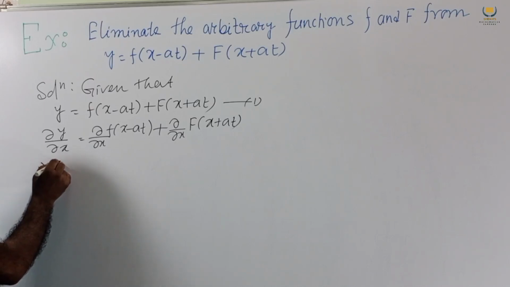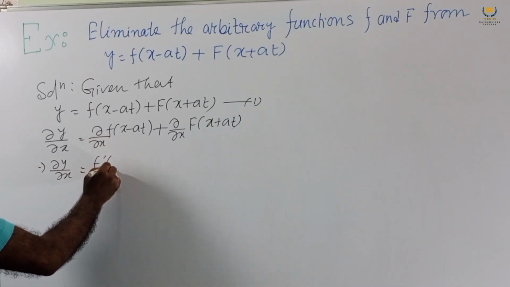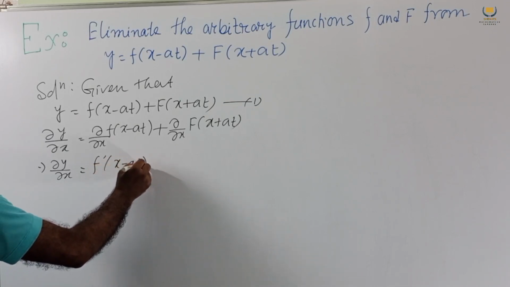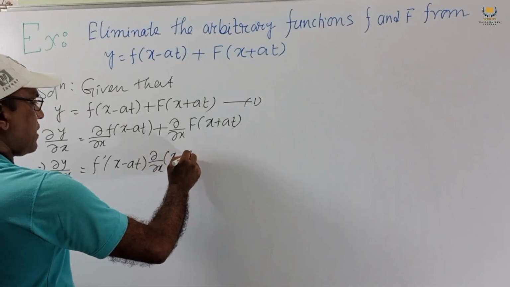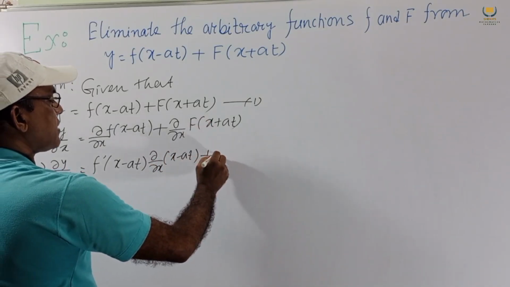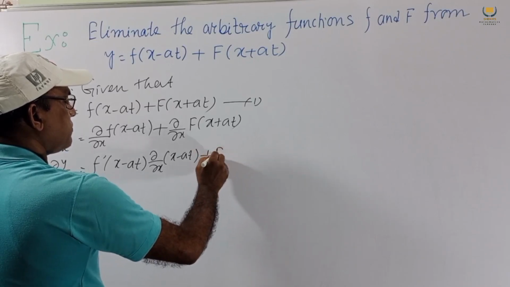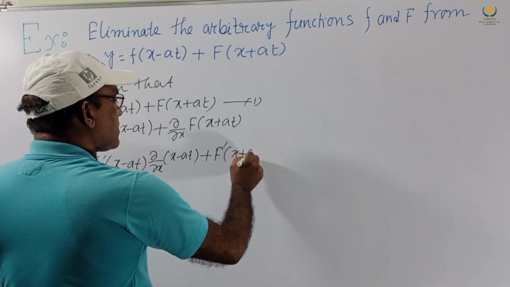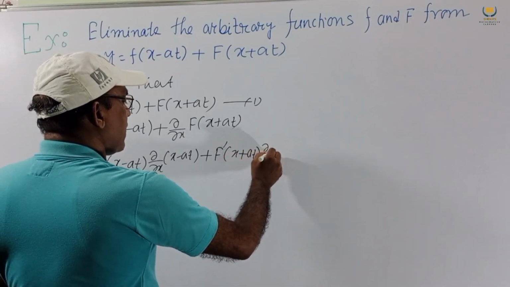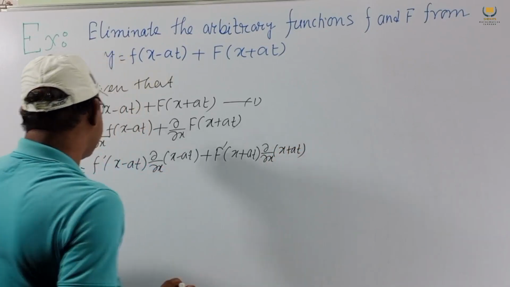So this implies ∂y/∂x is f dash (x minus at) ∂/∂x of (x minus at), and this will be capital F dash (x plus at) ∂/∂x of (x plus at).